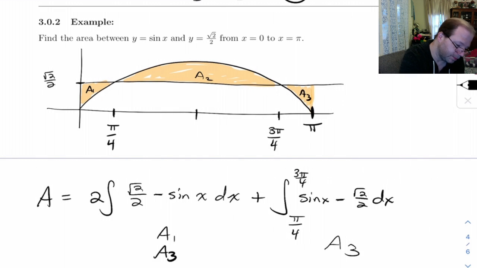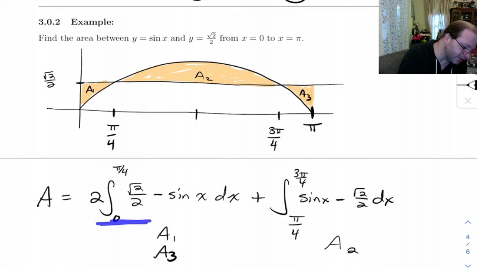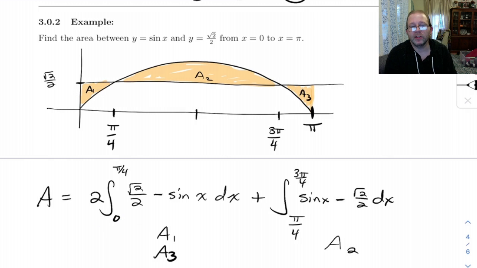And that would give us the area. Although I'm missing my endpoints. This needs to go from 0 to pi over 4. All right. So we've got 2 integrals there, although I guess one of them's doing double duty because it's working for this area and that area. But if we were to add that up, that would give us this area.